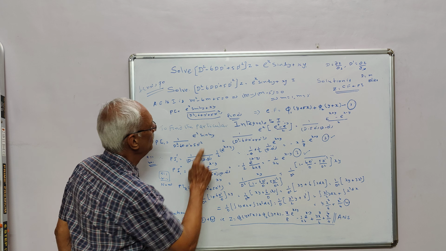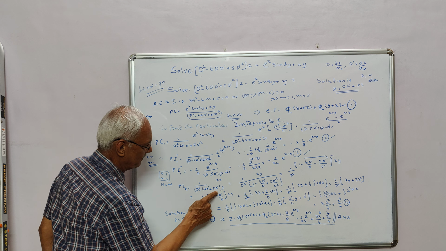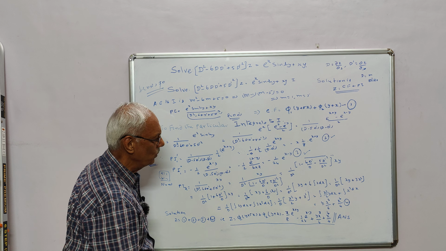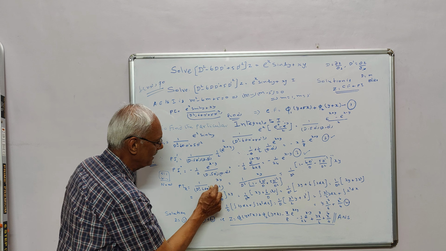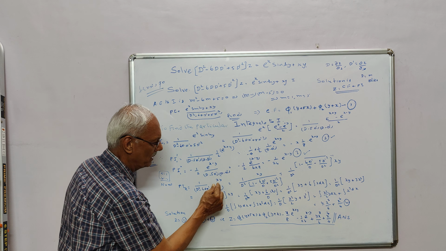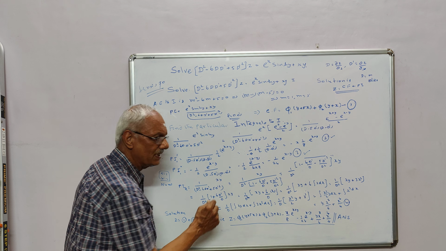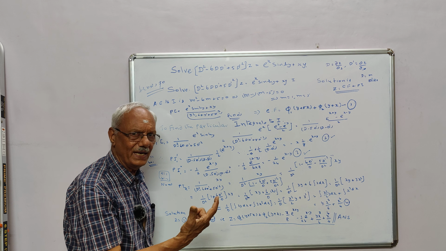What is my pi2? Pi2 is nothing but 1 by D squared minus 6D D dash plus 5D dash squared, into xy. Here it is a polynomial, an expression of second degree involving x and y.